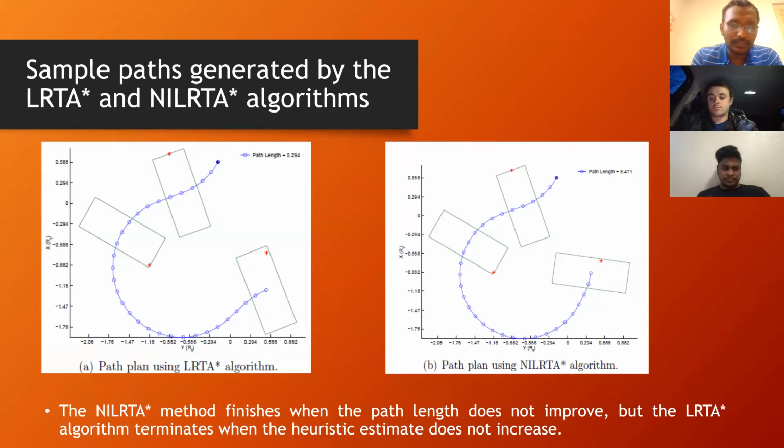Here we can see that the path plan on the left has 5.29 as the total path length to reach the target, and on the right it is 5.49, which is achieved by NI-LRTA. So it can be concluded that the path length taken by LRTA star is less compared to the other one.